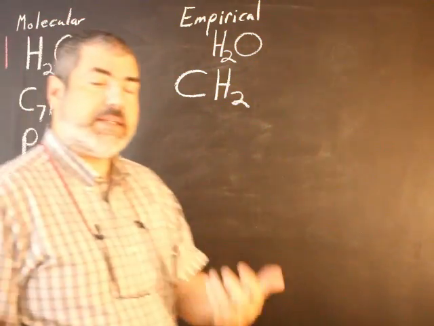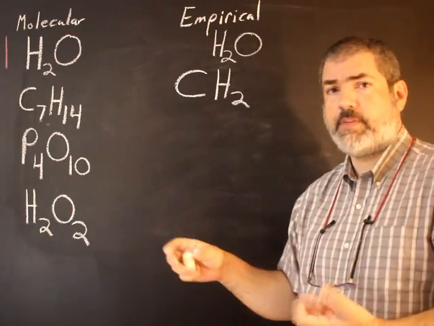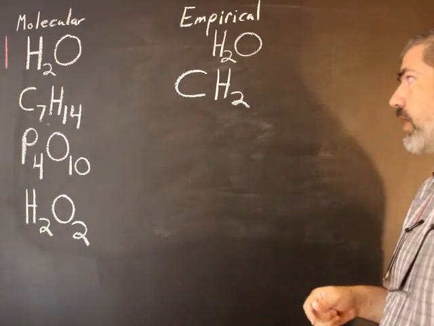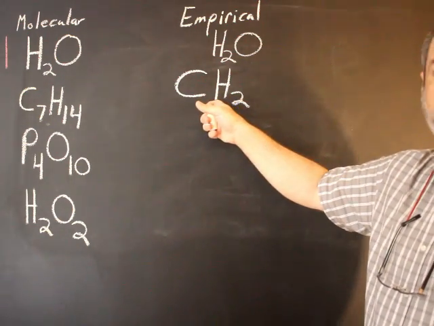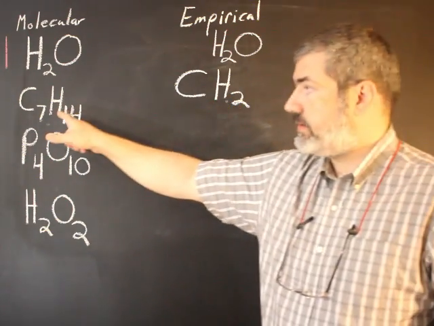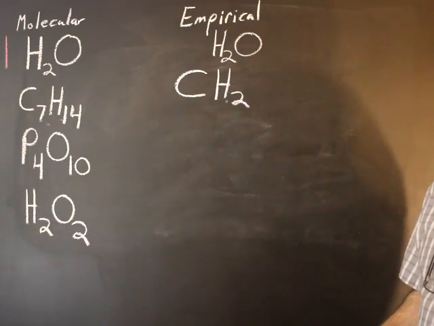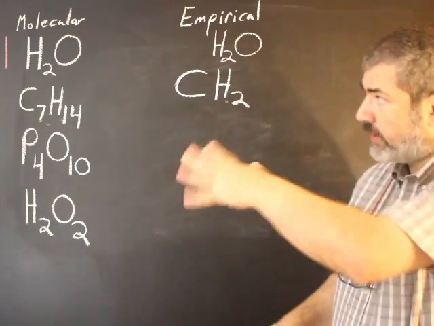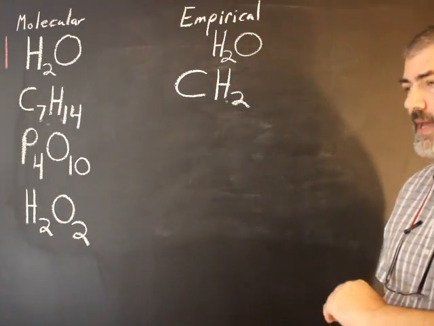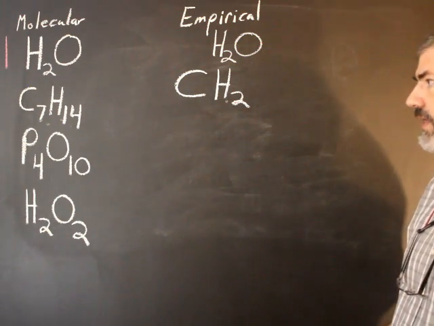However, if I did a chemical analysis, so I did elemental analysis where I burn this carbon and I get the ratio of carbon to hydrogen, this is what my data would give me. Now, what I need to go from here to there is the molar mass. We did an example using empirical formula and molar mass in class, and I'll generate some more problems like that.